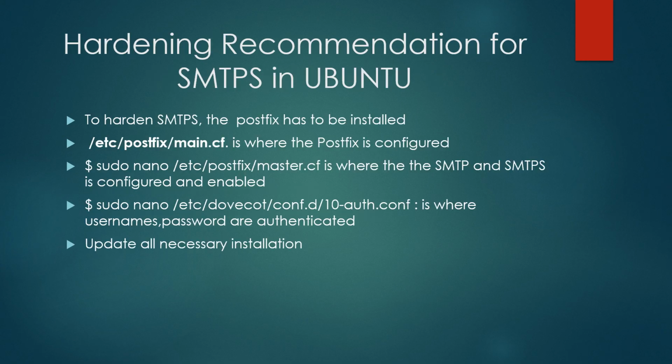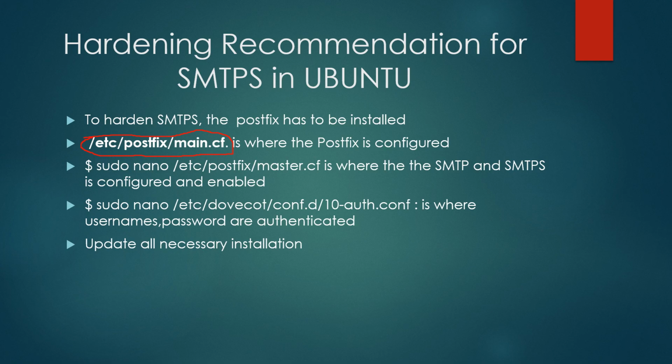And another thing is, basically, now I've written the code of where the hardening takes place. Once postfix is installed, for this first code that I put here, let me make it clear for you guys, you have to make sure you put sudo nano, then you put this code.